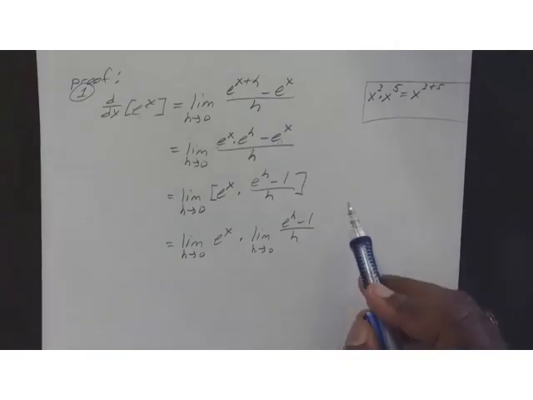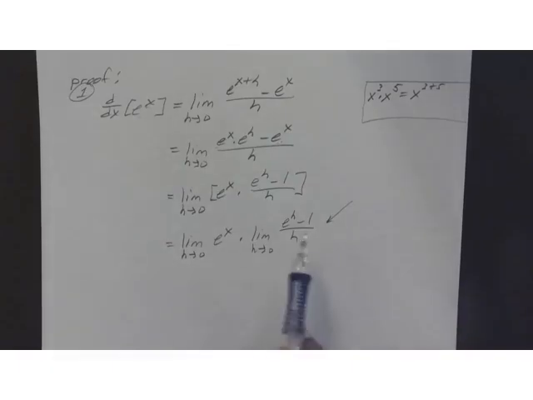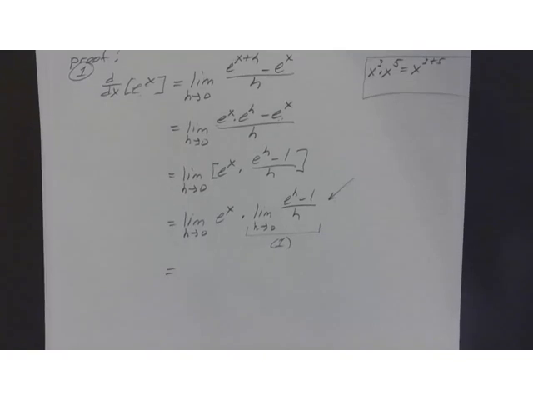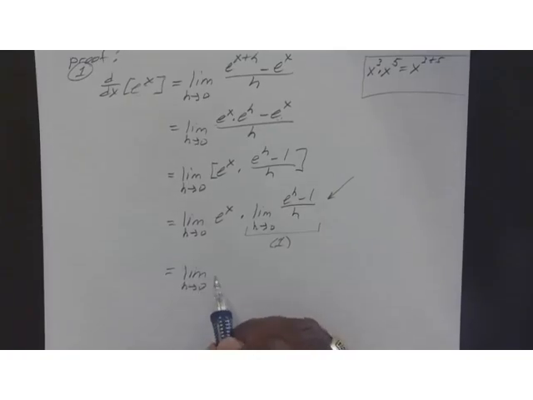Okay, so if we plug in various values for h getting closer and closer and closer to 0, we can see that this limit is just equal to 1. So that's the limit as h approaches 0 of e to the power of x times 1, which is just the limit of e to the power of x.